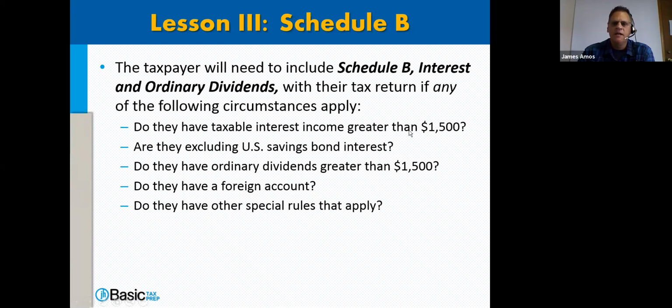These are the big ones. If you have interest or dividends totaling more than $1,500 from all of your sources, you need to use a Schedule B. You report it on there, and then you carry the total amounts from Schedule B to the Form 1040. Okay? Those are the big ones I want you to remember.